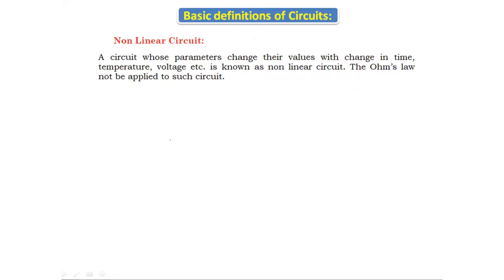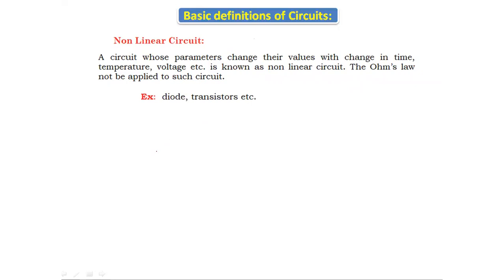Diodes and transistors are examples of non-linear elements, because if we increase the voltage, the temperature or the time, then the parameters of the diodes and the transistor will change.